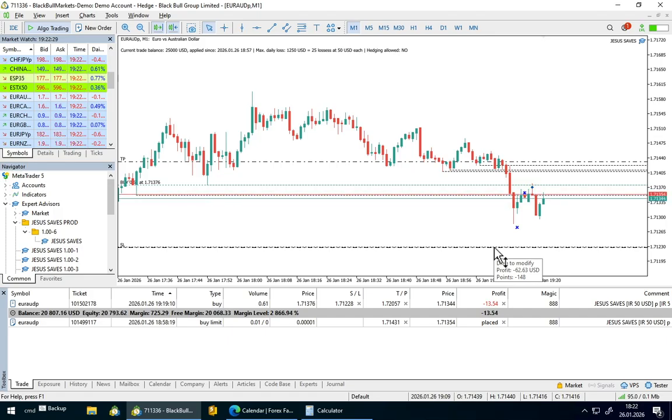Oh, how can that happen? 62 US dollars. That's too much. Should be 50 maximum. I'm surprised. Okay, I have to improve it. I don't know what the cause is.